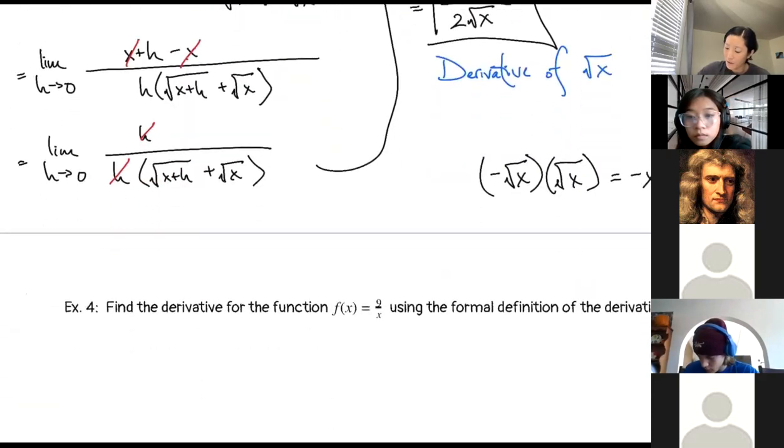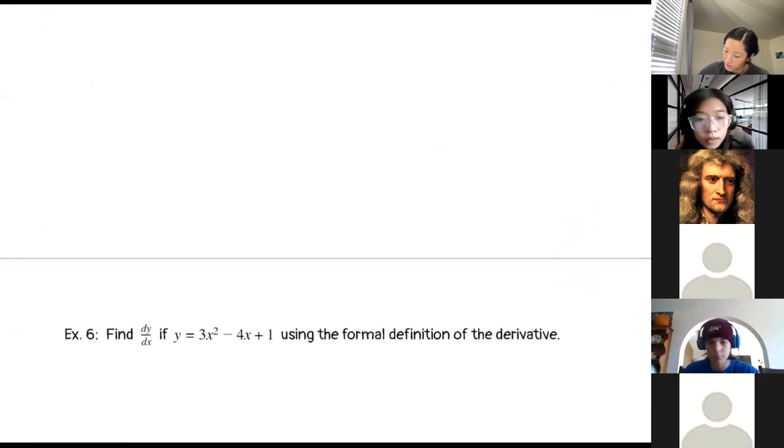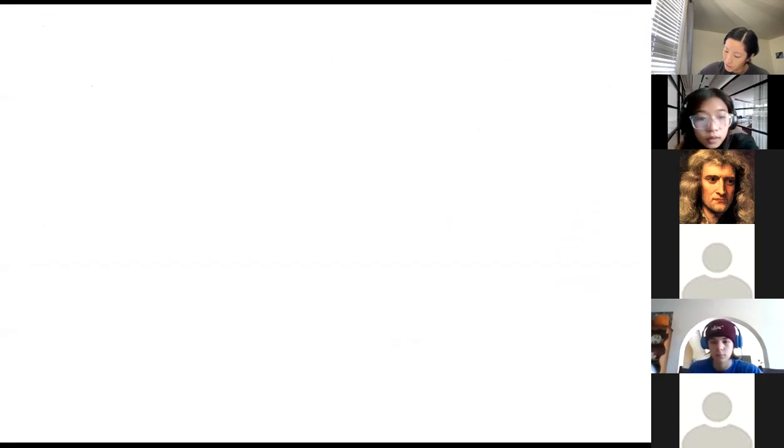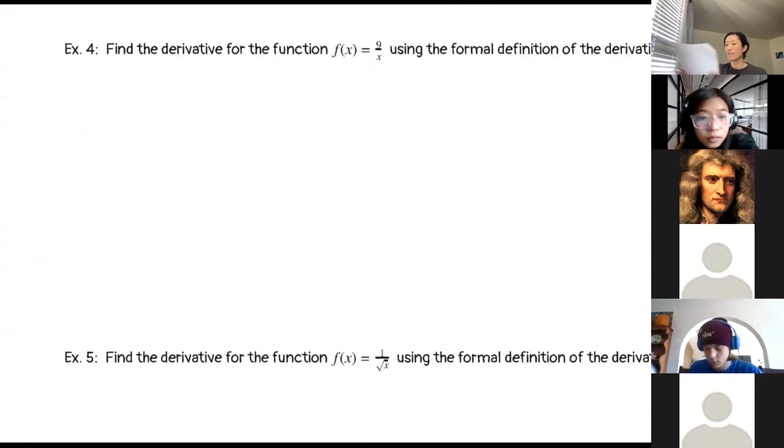All right, we are going to do number 4, and then we are going to move on from there. I will do number 5 when I post my notes, so you'll be able to see that one.